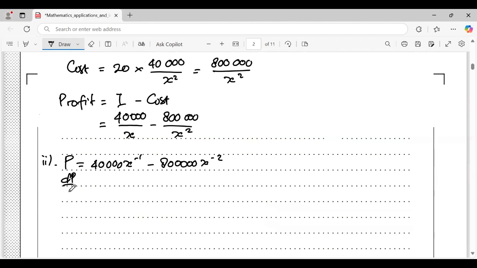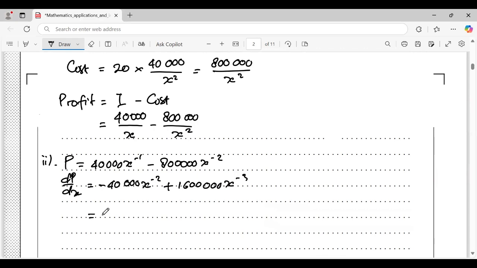The differential dP/dx is minus 40,000 x to the power minus 2 plus, because minus 2 times minus 800,000, 1,600,000 x to the power minus 3.